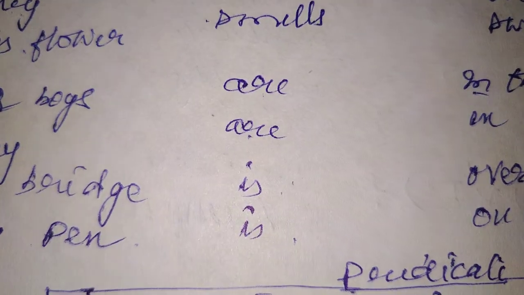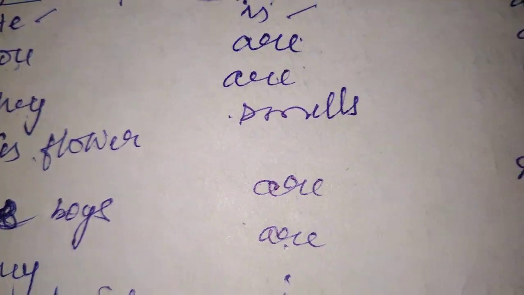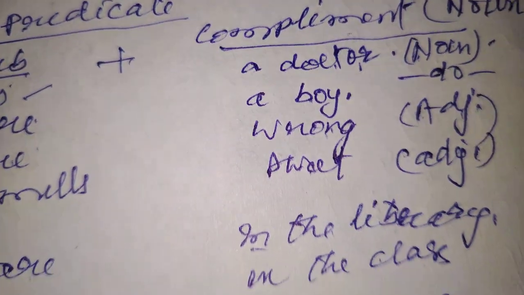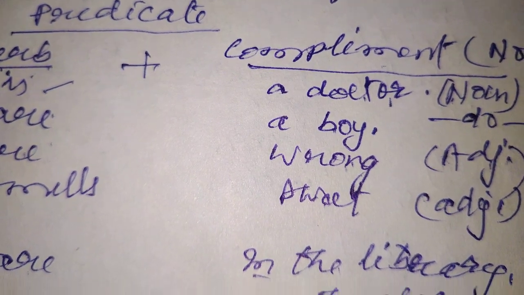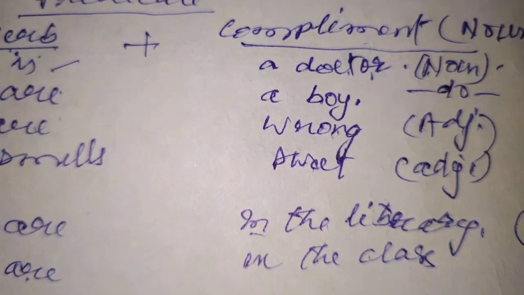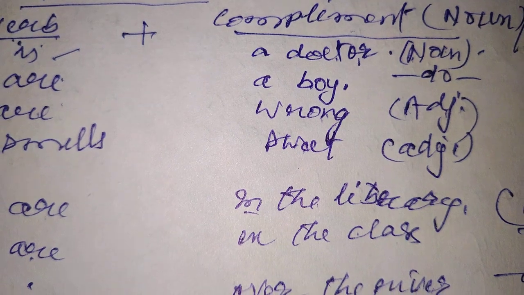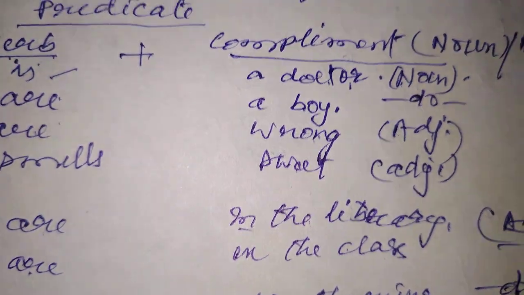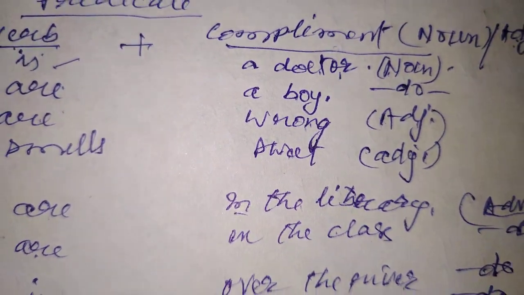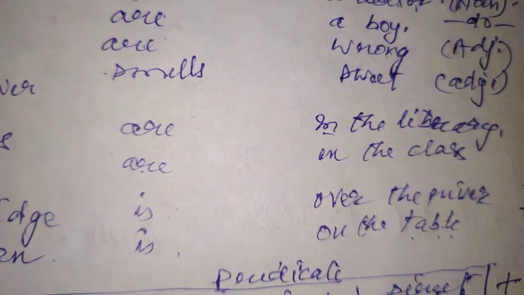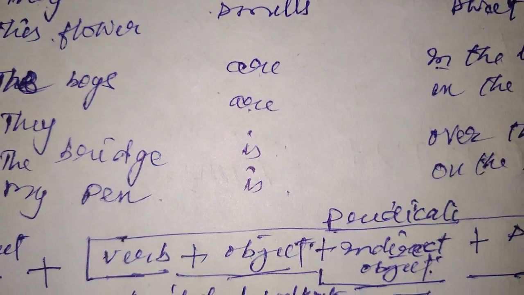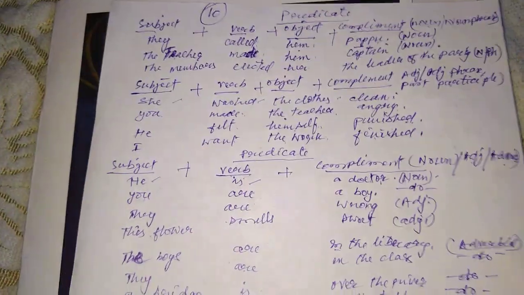Till now we have learned about types of sentences, and the sentence was made out of what? It was a group of words, a group of phrases, a group of clauses, and lastly we have studied the synthesis or the construction, हिंदी में बोलते हैं बनावट, क्या होती है वाक्य की.